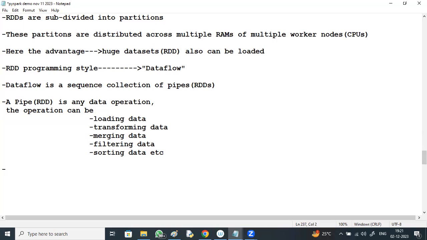In Spark, the pipes can be batch, and mainly Spark is used for micro batching.